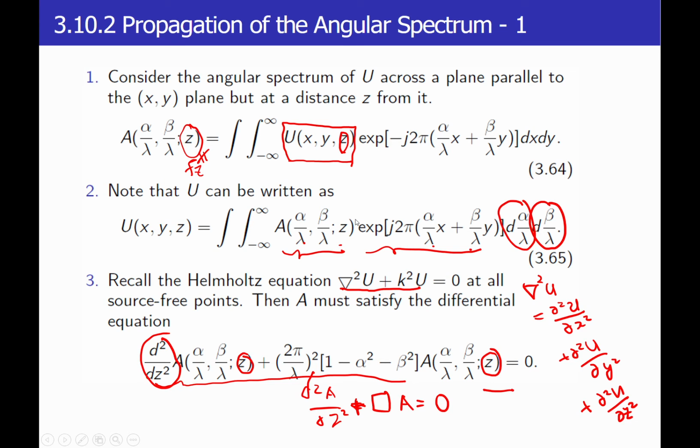Once we know this, we do the angle integral for this term and then we get this one. In order to find this, we know that A will satisfy the Helmholtz equation, and as a result we get this very simple second order differential equation.